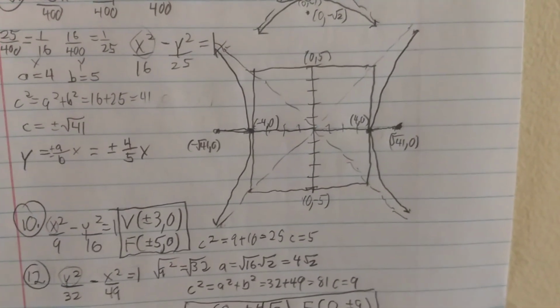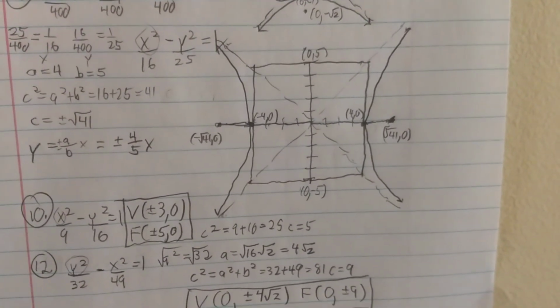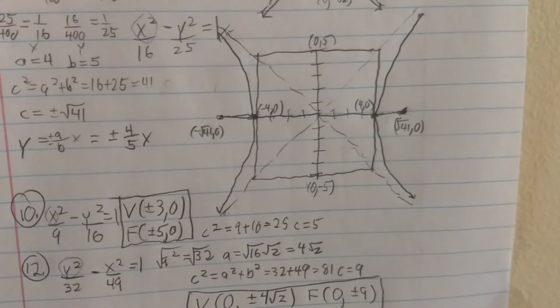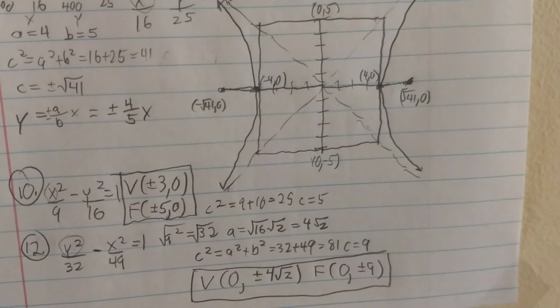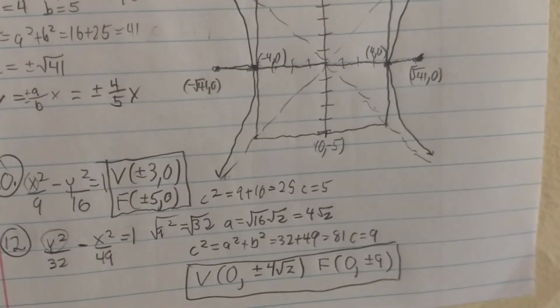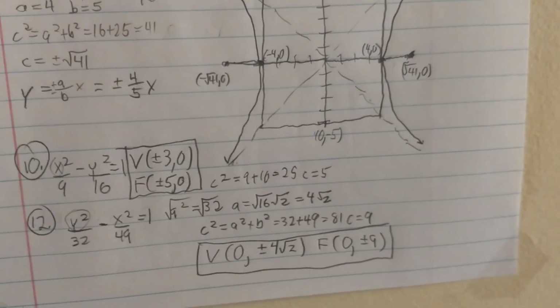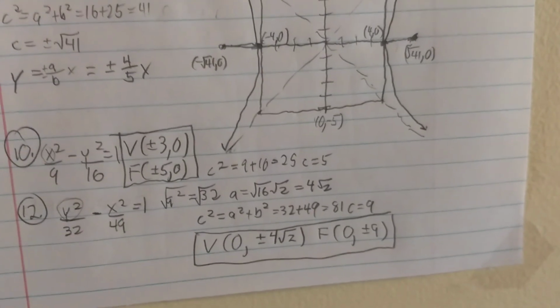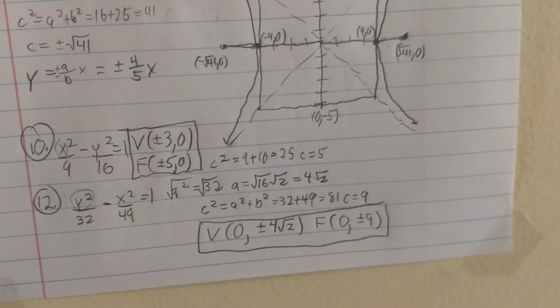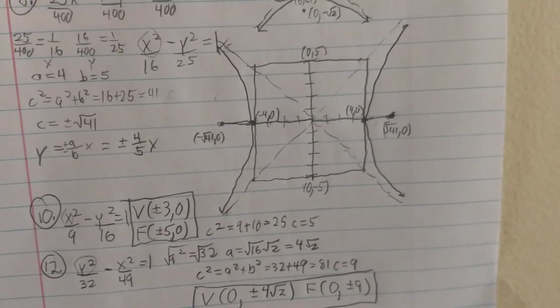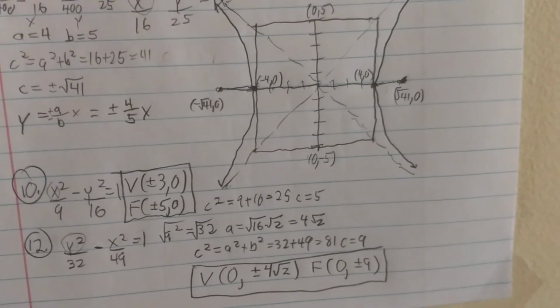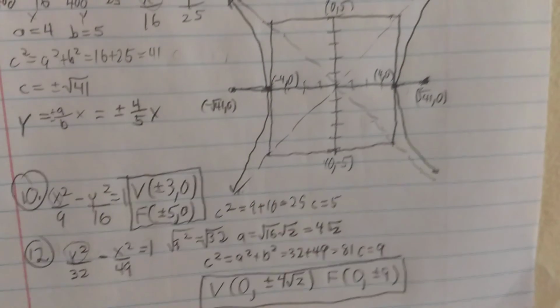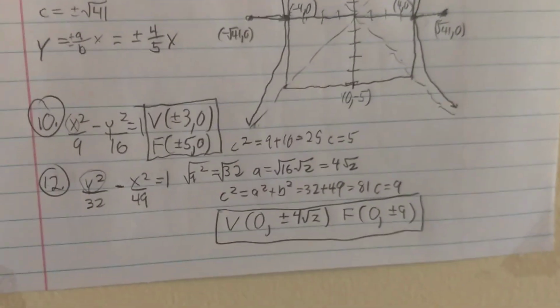But we see the vertices are negative 4, 0, and 4, 0. And outside them, to the right of 4, 0 is square root of 41, 0. And to the left of negative 4, 0 is negative square root of 41, 0. And the minor axis points are 0, 5, and 0, negative 5. So the box is 2 5s by 2 4s.